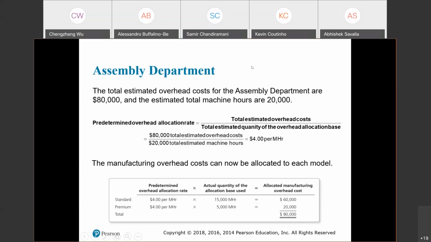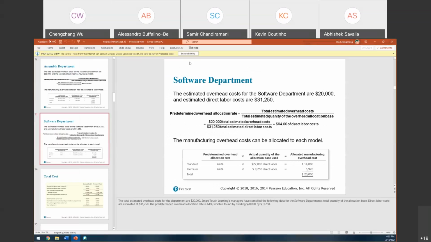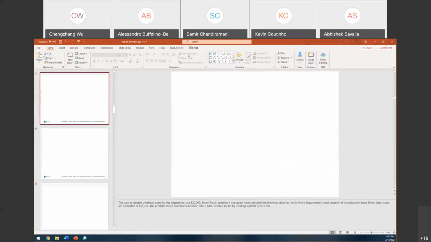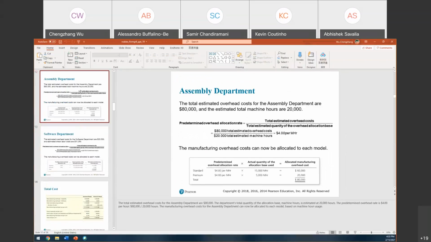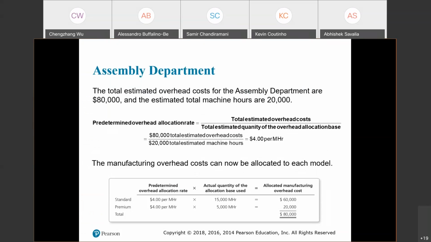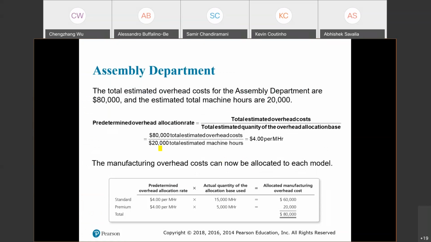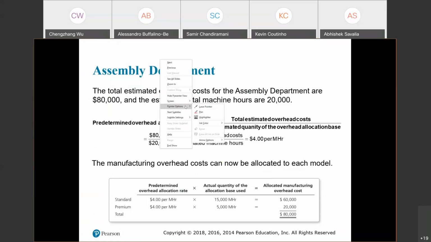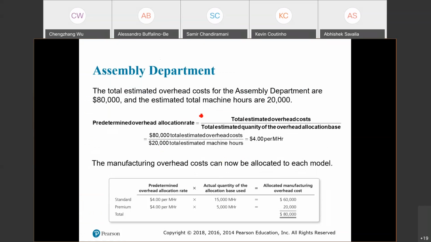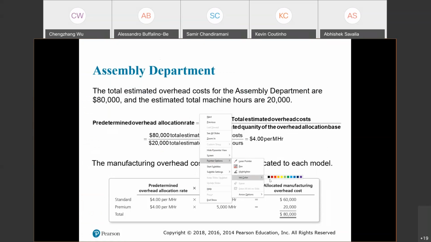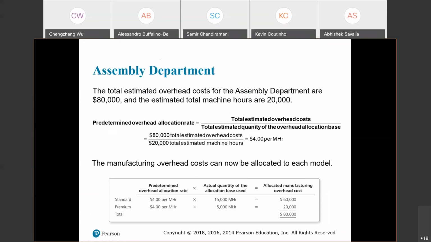The mistake is the extra dollar sign here, because it is 20,000 hours.